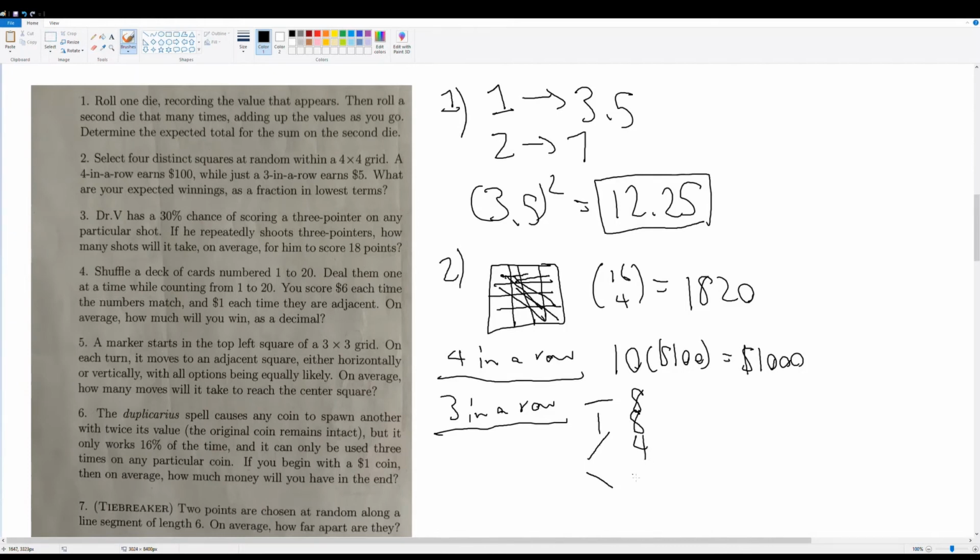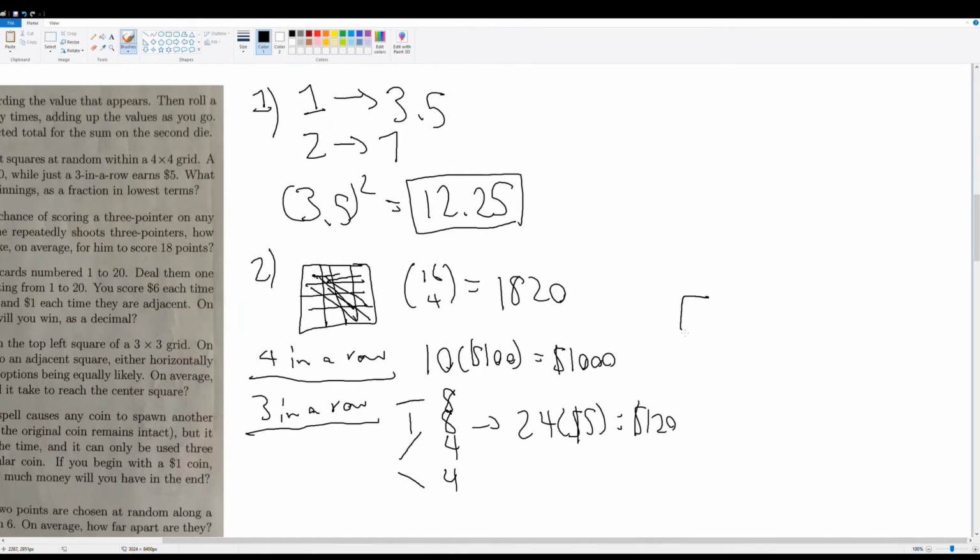So there's 4 here and there's 4 here. So in total, there are 24 ways to get 3 in a row, which comes to a total of $120. So now you would just add them up. So your expected winnings would be this number over here, which translates to $8/13.